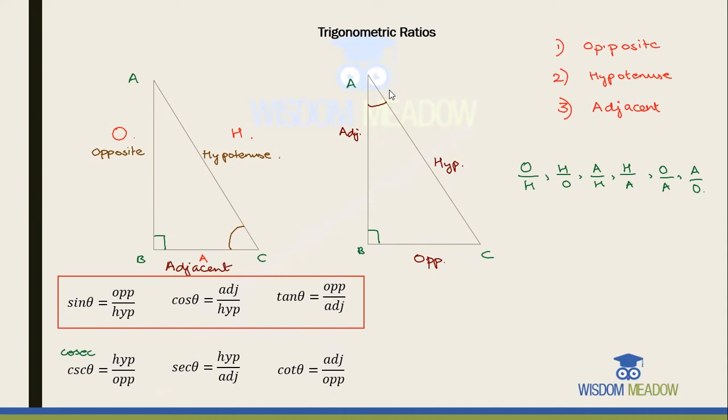Now to remember these 3, you can have a short form connected. That is, so ka tova.